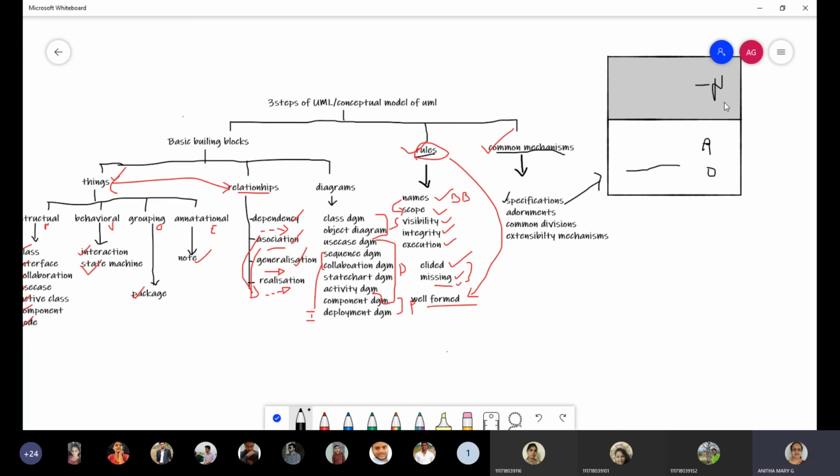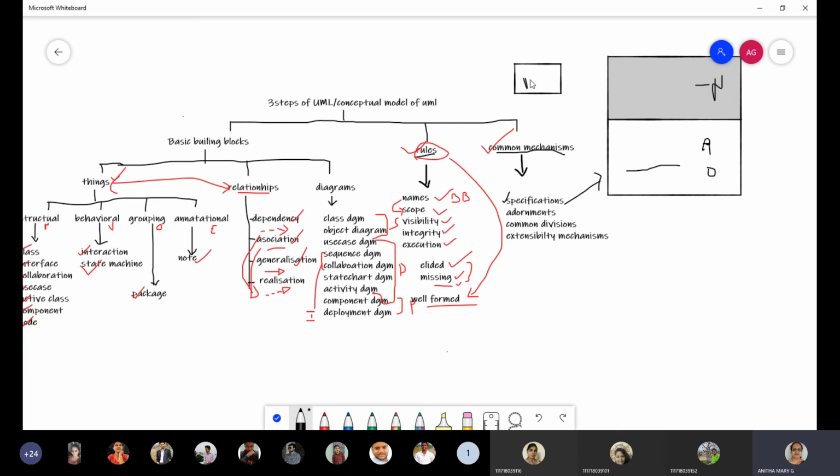Again, I'll just repeat the example. A class icon is a specification that provides the full set of attributes and operations, the behavior, and the contents of the complete class. But visually, sometimes the class in short form is just given as a rectangle only, where all its attributes and operations are compressed.